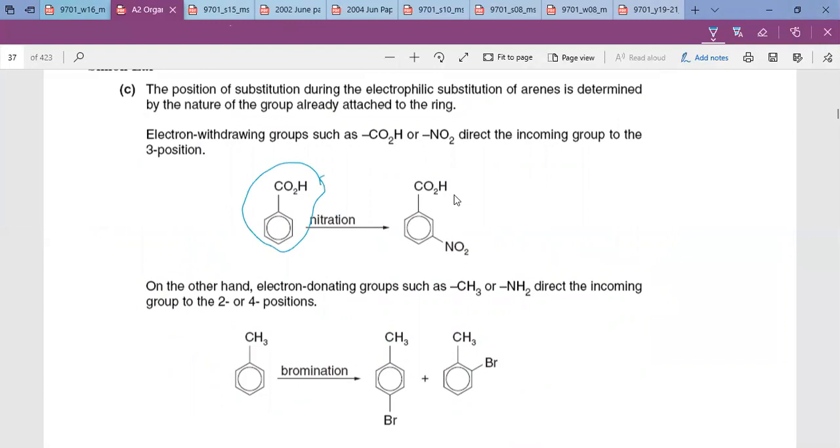I want to nitrate the benzoic acid. So CIE uses such words, nitration. They use con H2SO4 and con HNO3, and temperature 55.